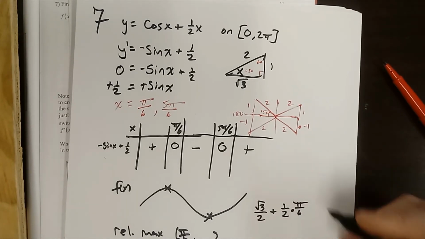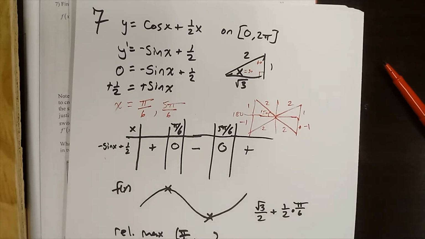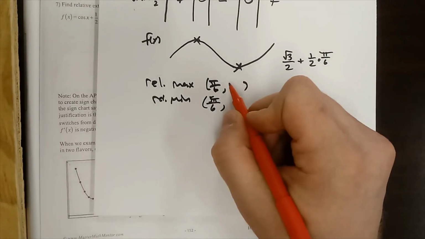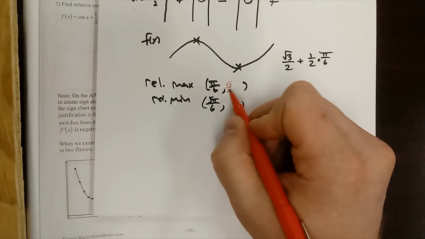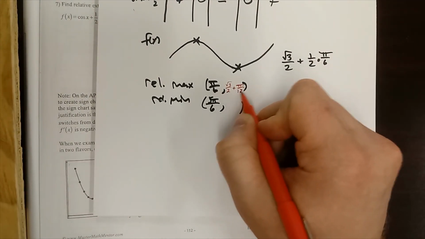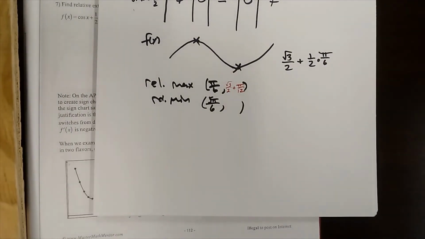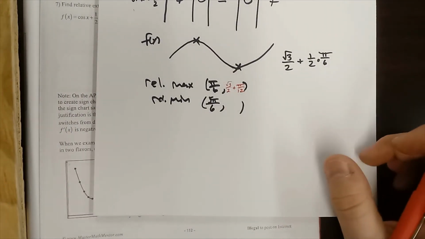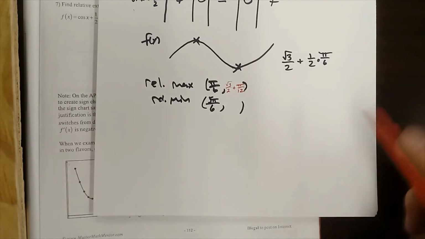Everyone's favorite, right? So that's going to be root 3 over 2 plus pi over 12. All right. Well, isn't that the most comfortable number ever in the world? Ever, forever, ever, ever.